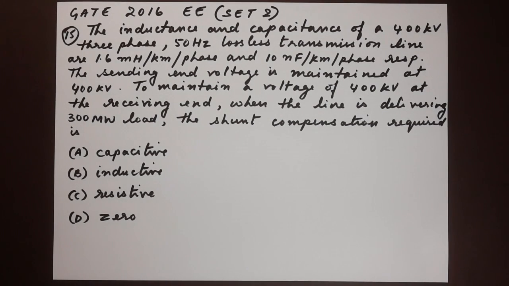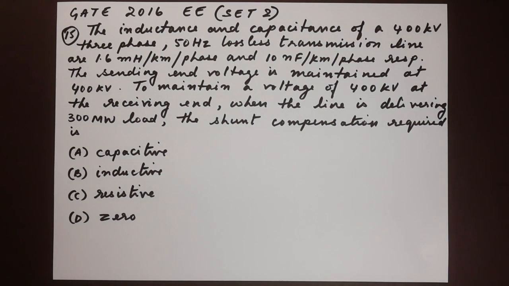Here's the next question, number 15. The inductance and capacitance of a 400 kV 3-phase 50 Hz lossless transmission line are 1.6 millihenry per kilometer per phase and 10 nanofarads per kilometer per phase respectively. The sending end voltage is maintained at 400 kV.